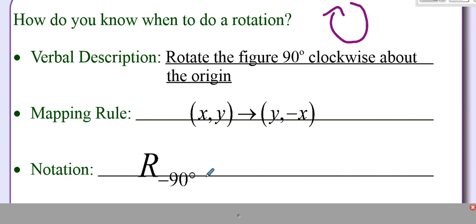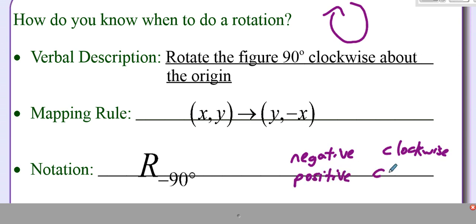Negative 90 would be clockwise, and positive is counterclockwise, if they use that notation.